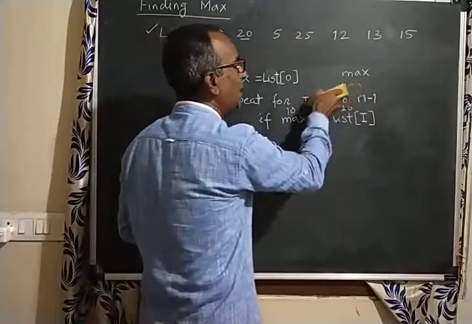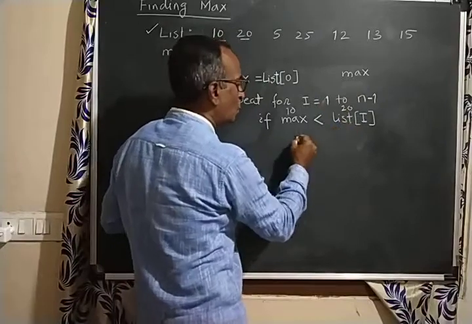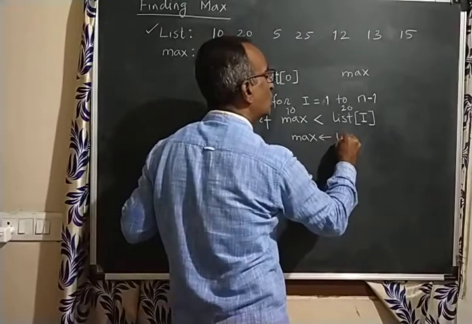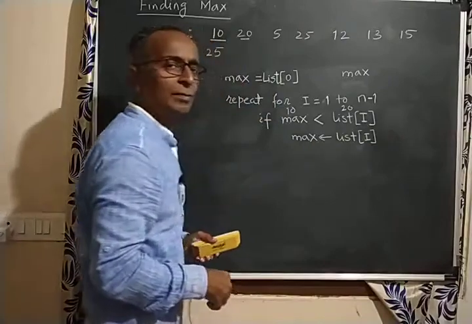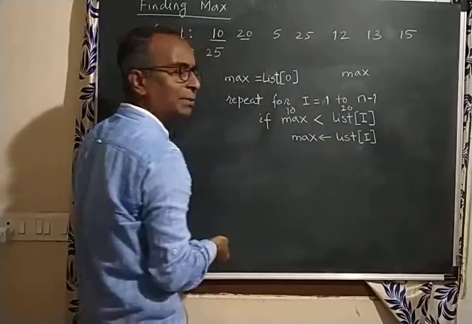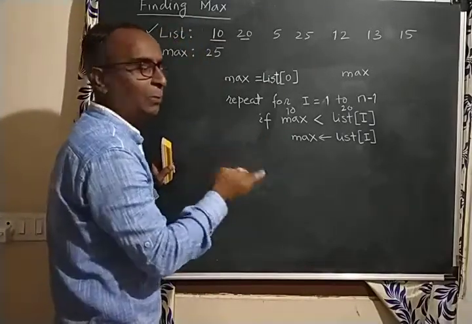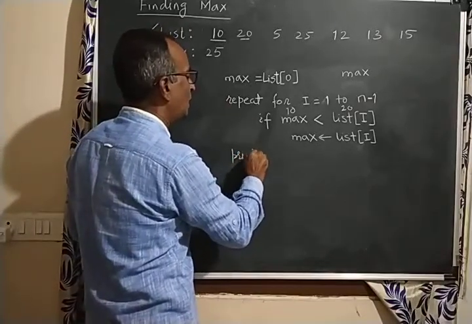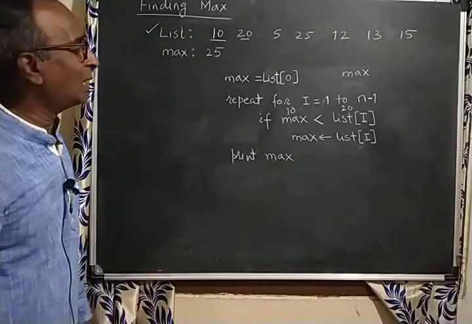So we have to change this max to this number. So if this is the condition, I am changing max to list of i. And if I repeat this for n minus 1 times, then you will get the maximum value in the max variable. So when it comes out of the loop, then directly you can print that max value. That's it. These are the steps that we are carrying out.